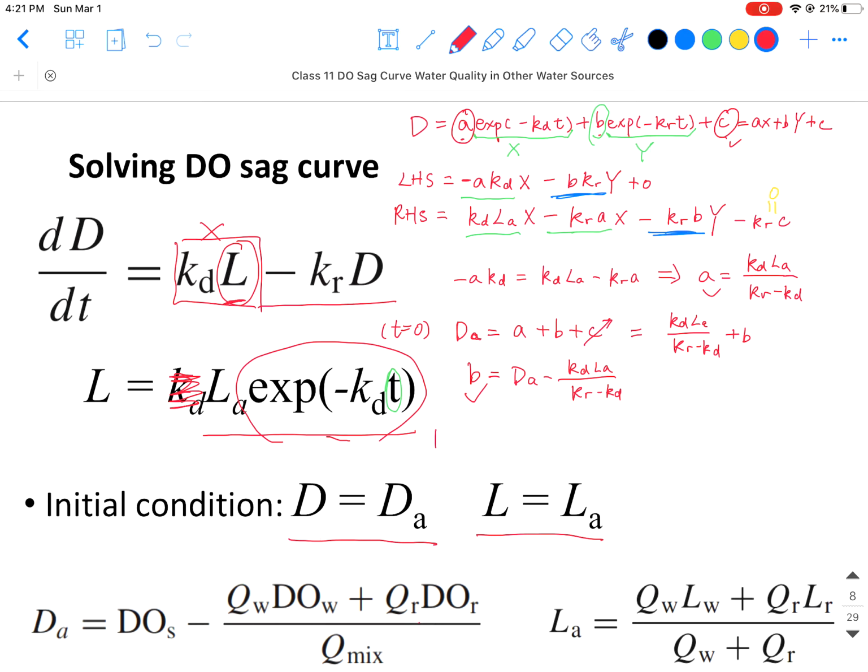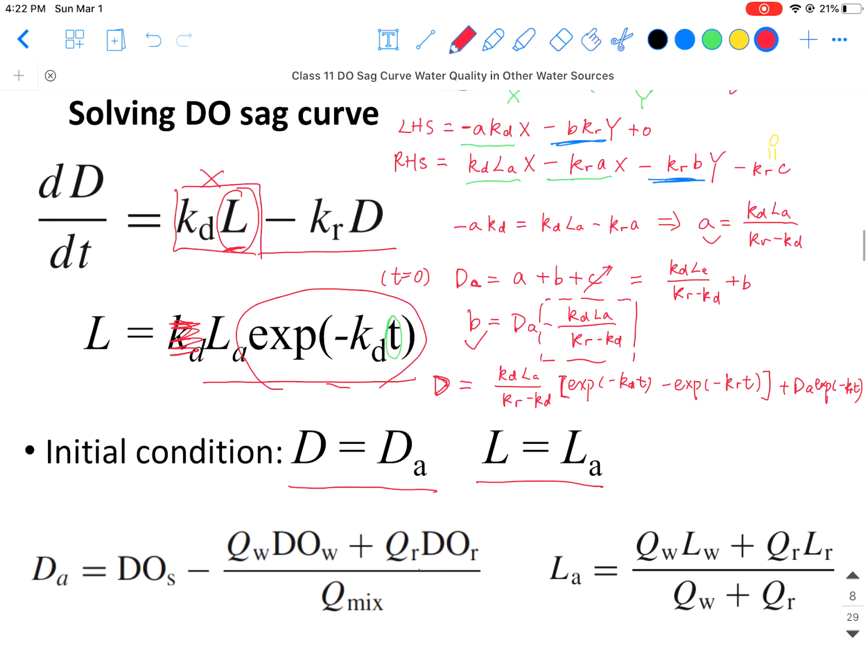You can see that in terms of b, we have this same term here, kd LA divided by kr minus kd, right? So we can combine these two terms, exponential minus krt, and plus dA multiplied by exponential minus krt.